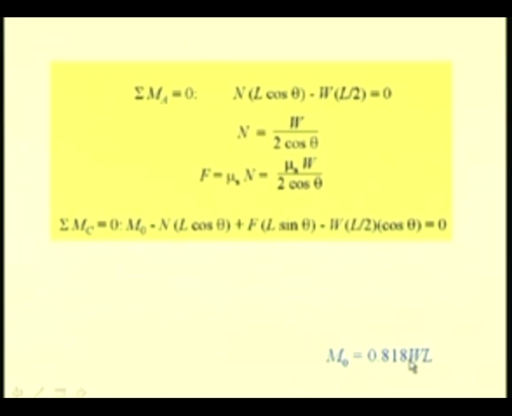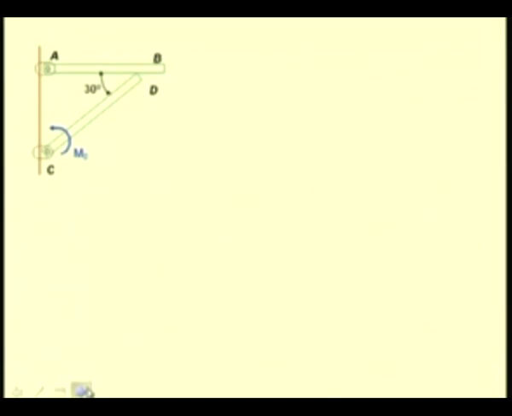In the similar way, now we can consider the other impending motion. So, the other impending motion is that this rod CD has a counterclockwise motion. So, that means this point D tends to move from B to A, thereby the frictional force developed at this contact point is from A to B, which is opposite to the impending motion.